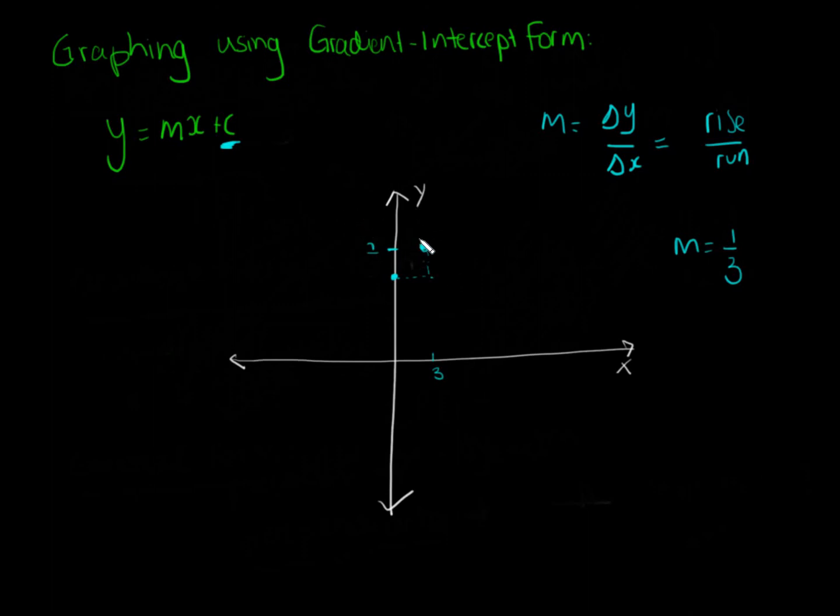Because it's a line, using any 2 points, we can extend outwards, which will give us the entire line itself. Just remember this: as long as you have 2 points on the same line, you can join them and extend them outwards, and that will give you the entire line.